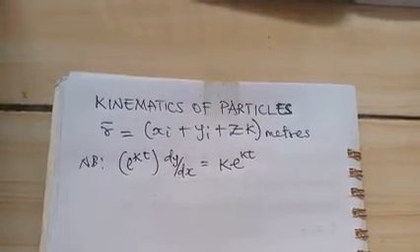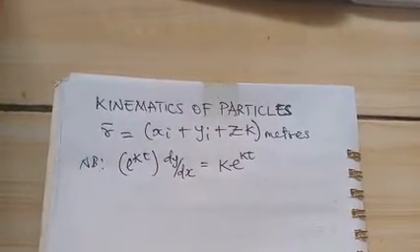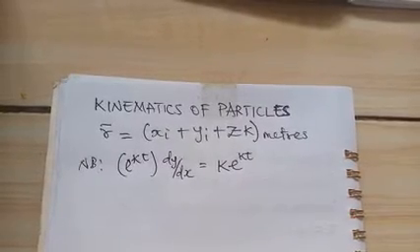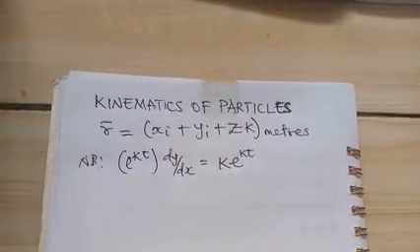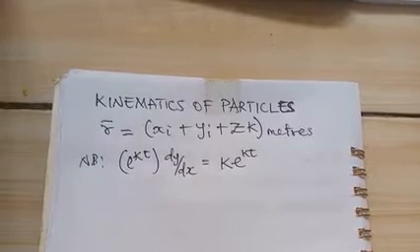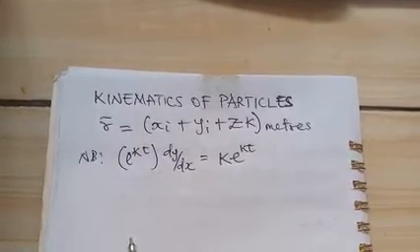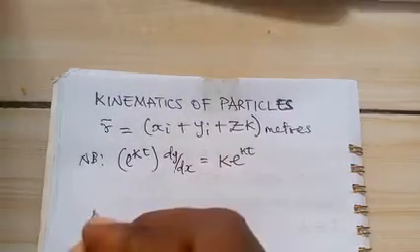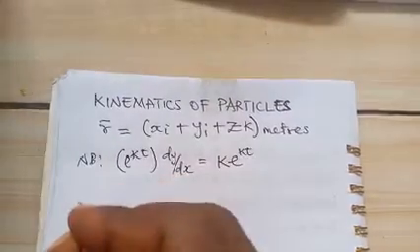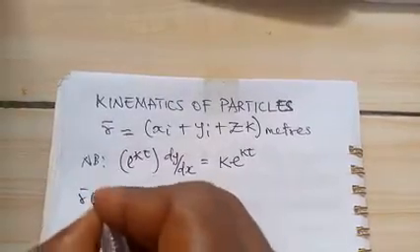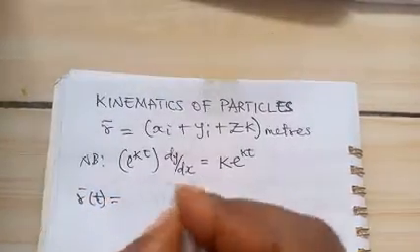For us to deal with this, we need a good background in differentiation and integration, because the formulas really need that. For example, if I want to calculate position or displacement r with respect to t, it is given as this.